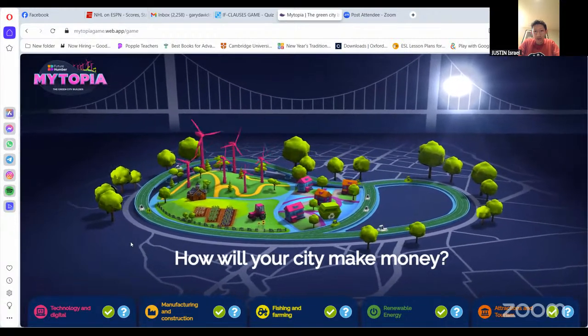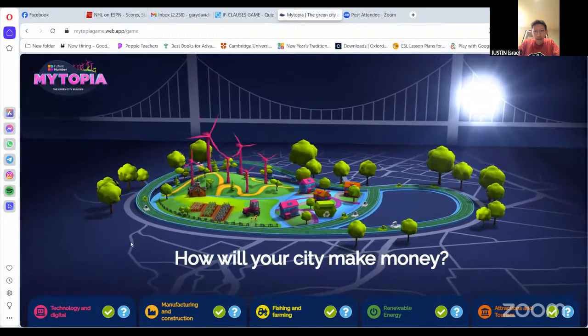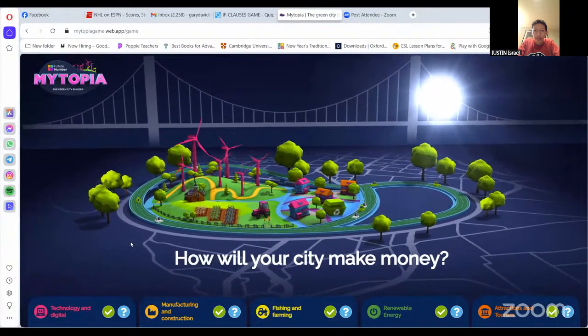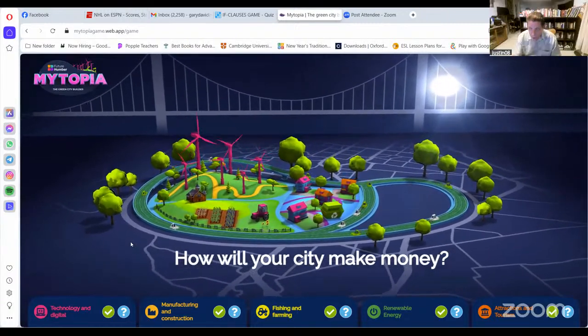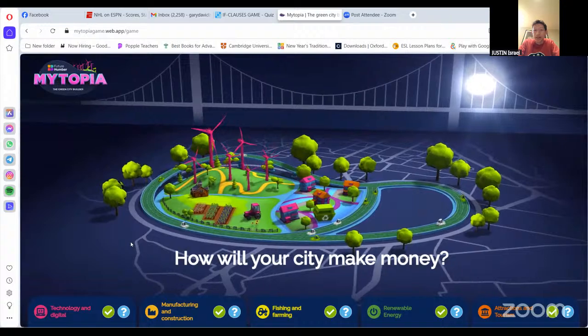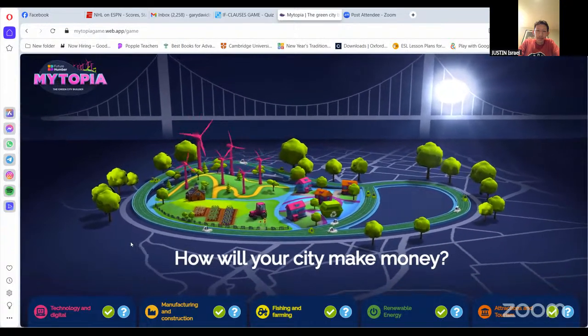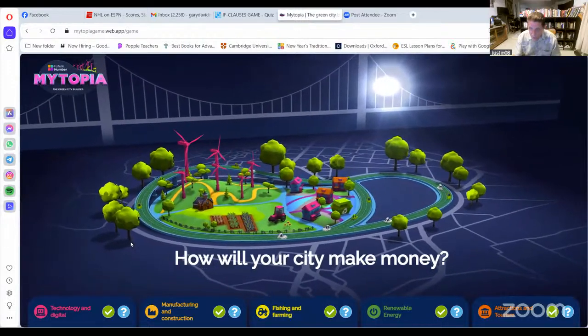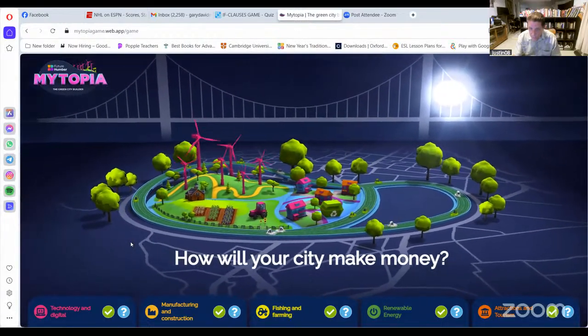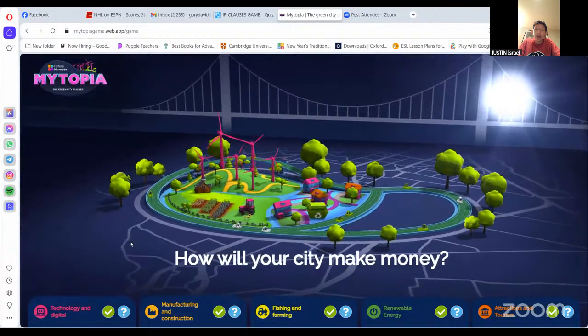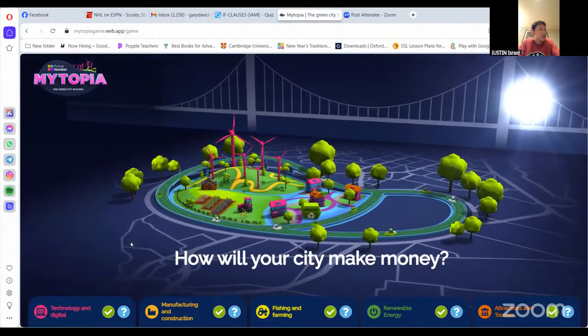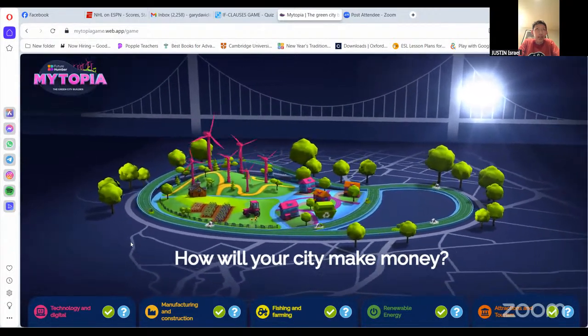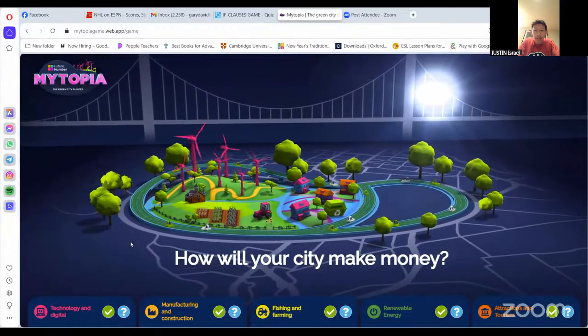You mean like create new products? Yeah, create new products. Right. Is there any benefit for the environment if we recycle? Well, yes, there'll be less trash for sure.